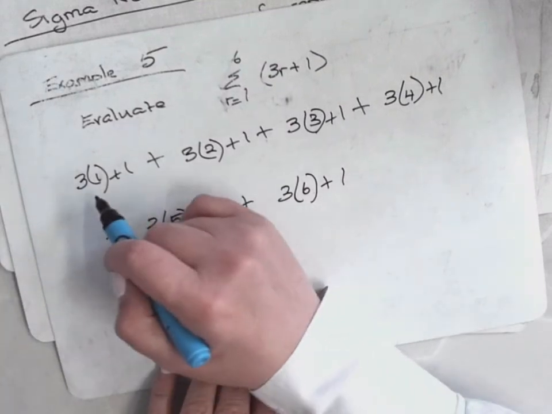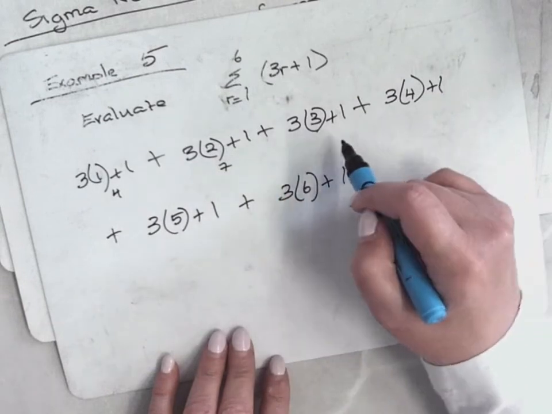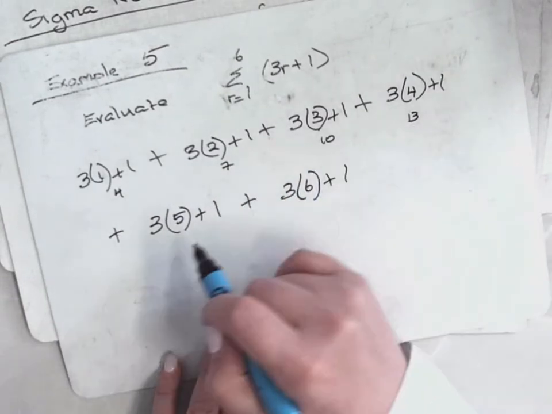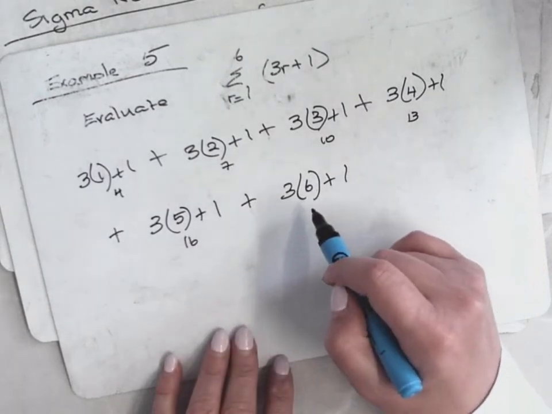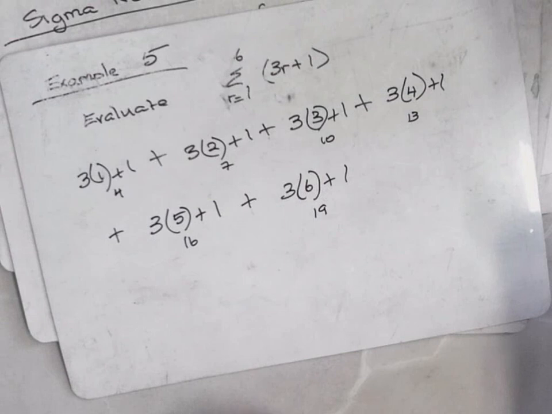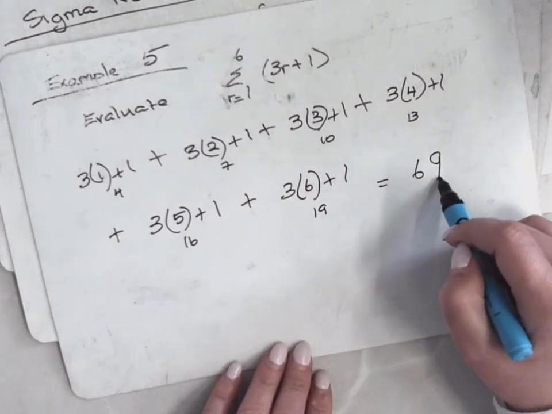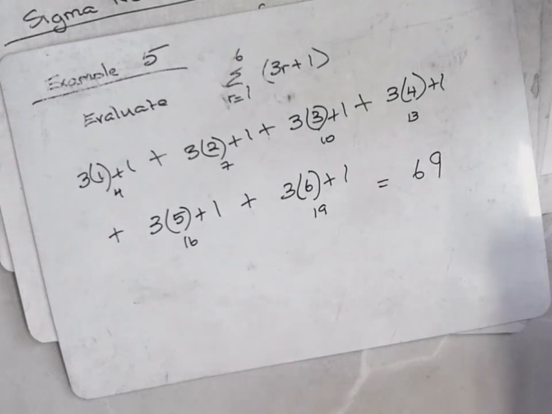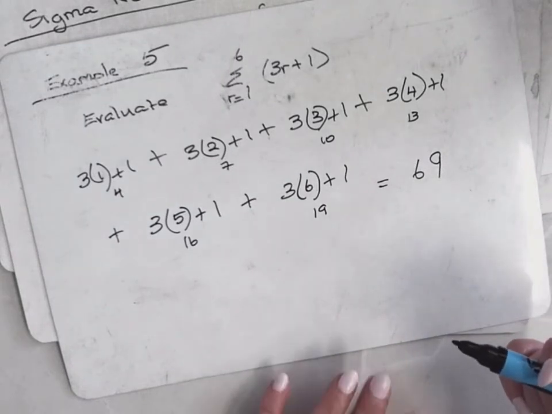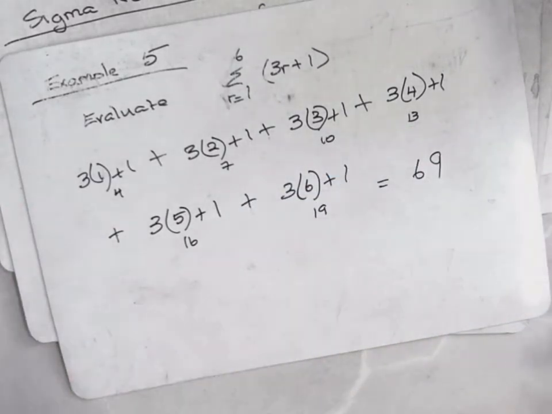That's 4, then 7, 10, 13, 16, and 19. Add them up: 21, 34, 50, 69, I think. Is that alright?